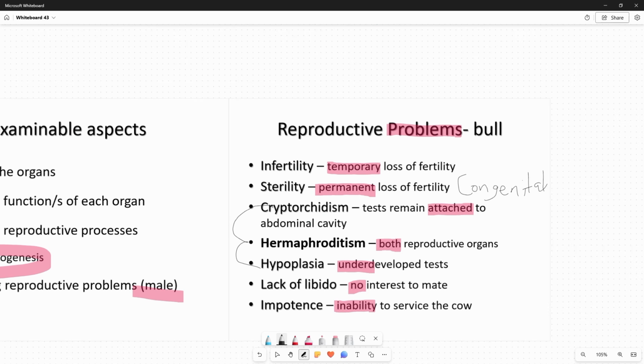So let's say, for instance, you castrate the animal, you remove its testes. That is not congenital. It's something that was artificially done by the farmer. Congenital is something that the animal has from birth. It's natural in a way.